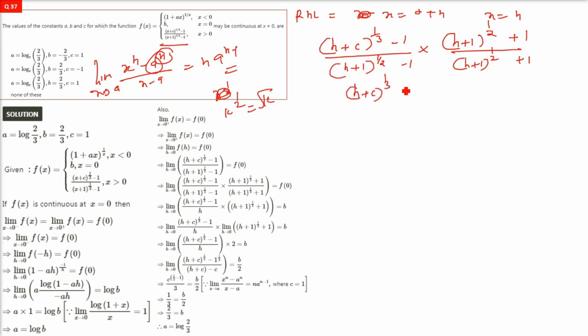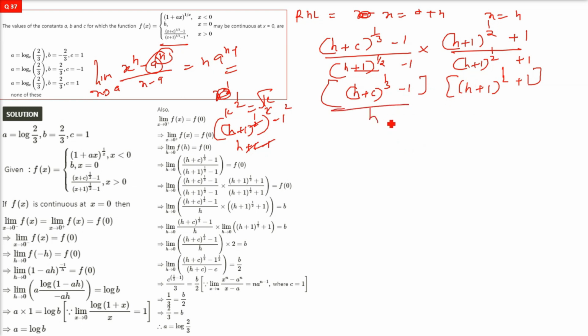So h plus c to the power 1 by 3 minus 1, and this is going to be h plus 1 to the power half plus 1. Now this is going to be a square minus b square, so h plus 1 half to the square minus 1 square. 2 gets cancelled, h plus 1 minus 1, 1 gets cancelled, you get only h. You just have h in the denominator.